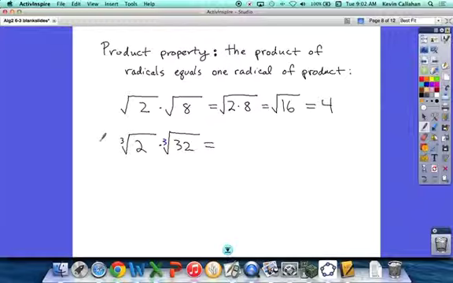How would I use the same property on the second line? What would that equal?